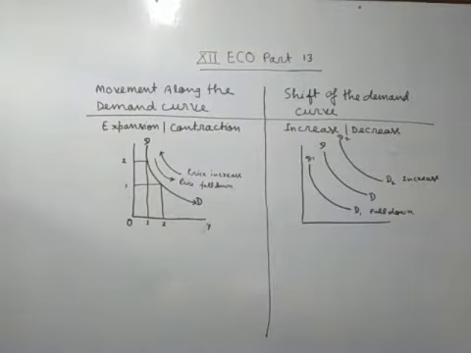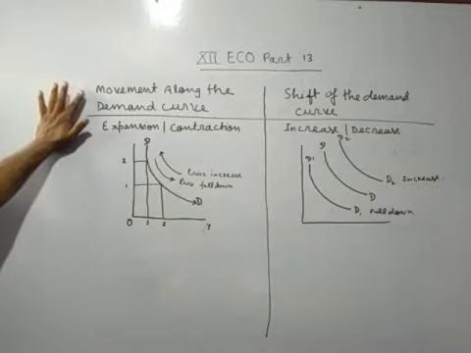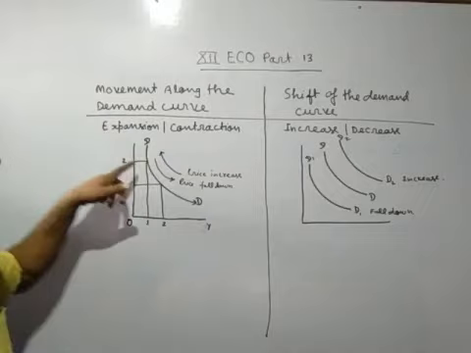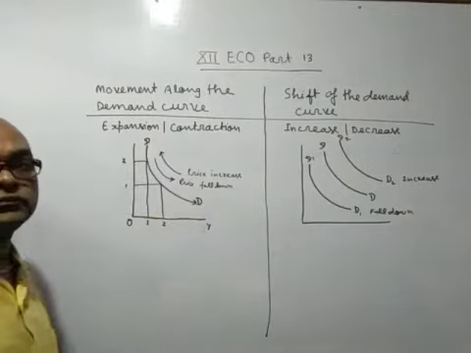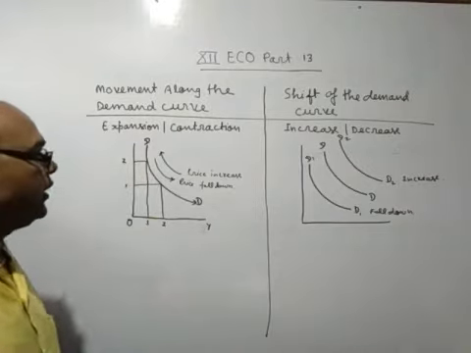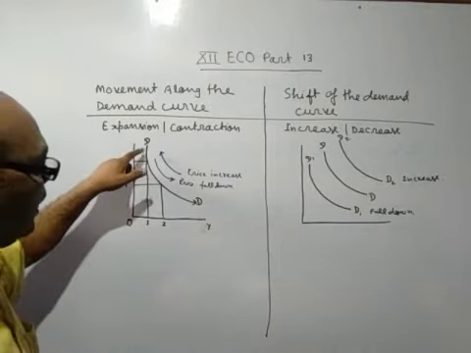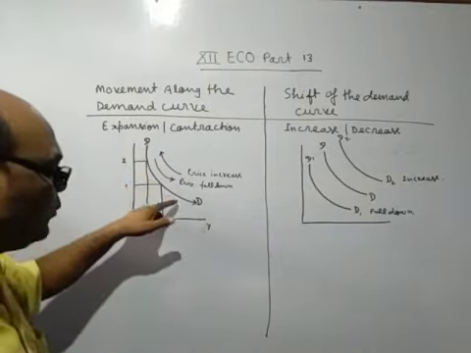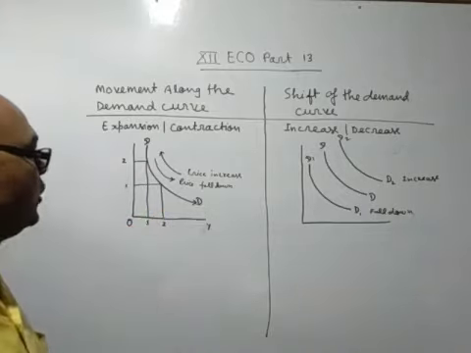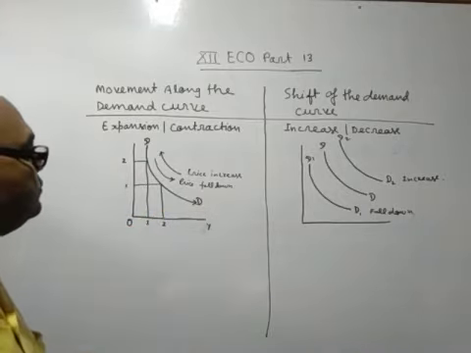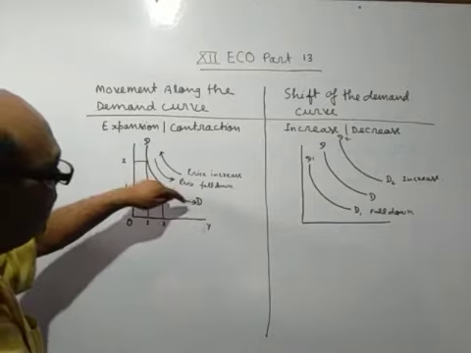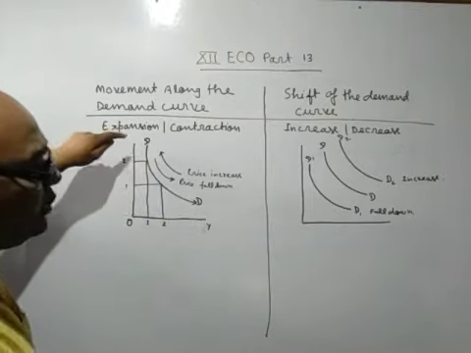So in the case of movement along the demand curve, there is basically one demand curve. If the price falls down, the movement will come from left to right, downward side. If the price increases, the movement will go upward, right to left.